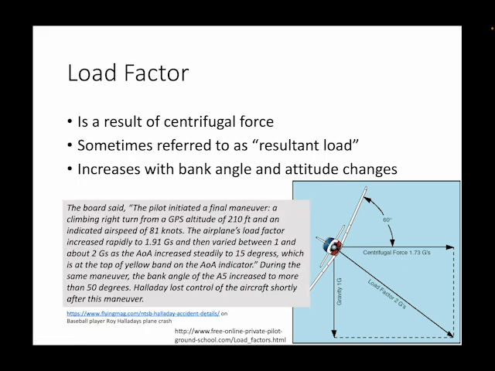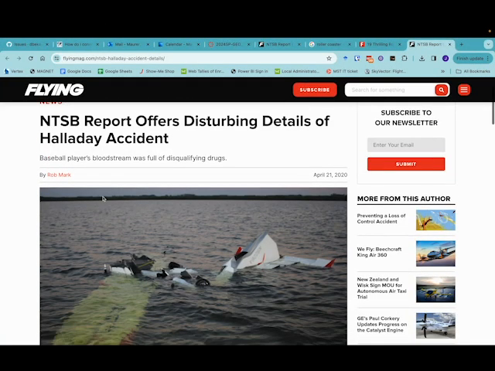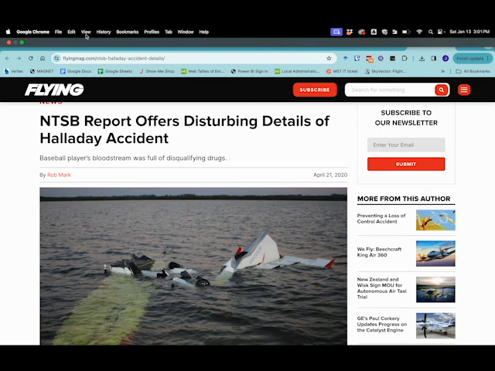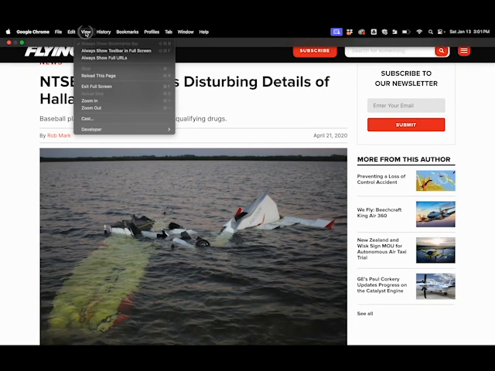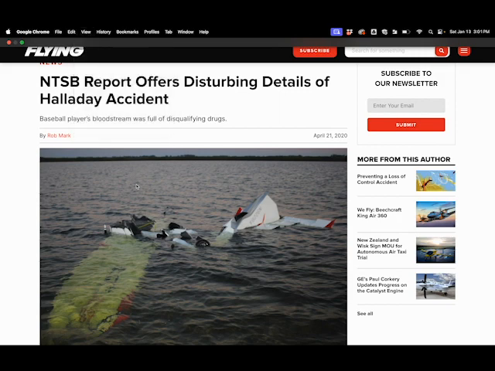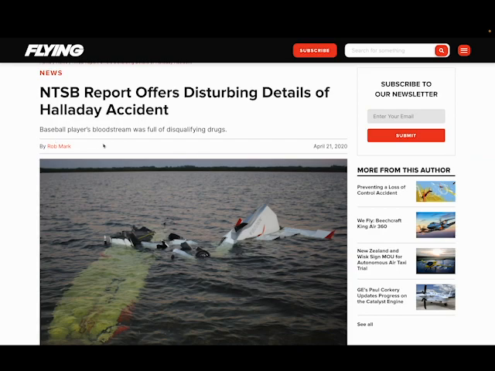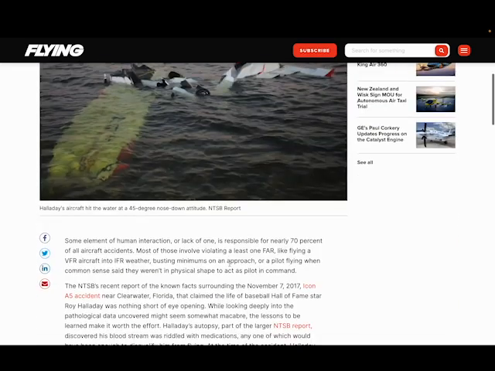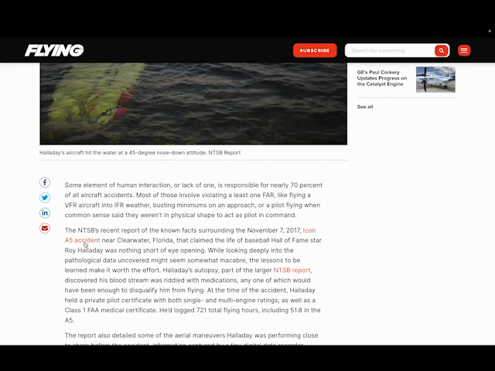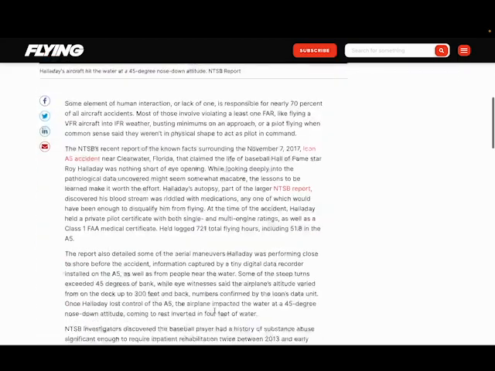Now, there are some unfortunate stories about this. For example, here is a news story about a pilot, a baseball player actually, who was flying a private airplane, a propeller plane, the Icon A5, and crashed because he was doing some maneuvers.